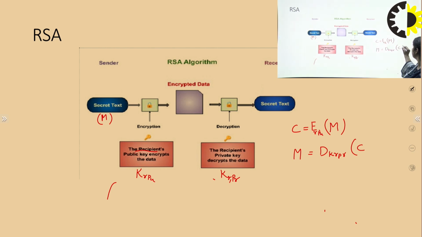This is the simple formula you get with RSA, public key and private key. At the sender side there is encryption, and at the receiver side there is decryption.